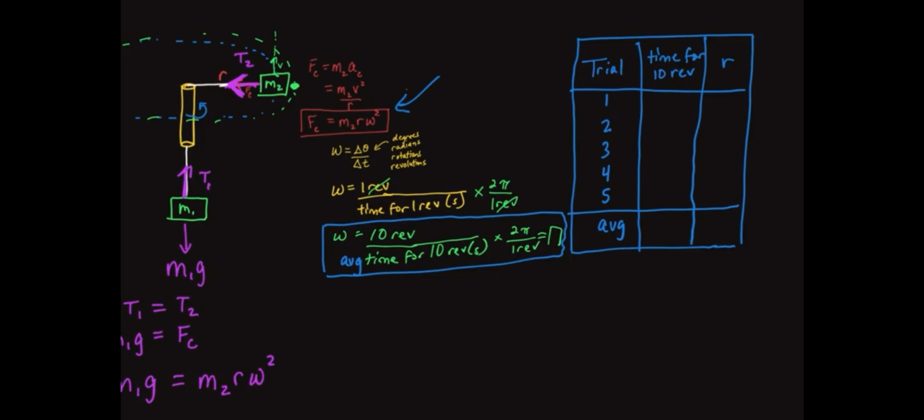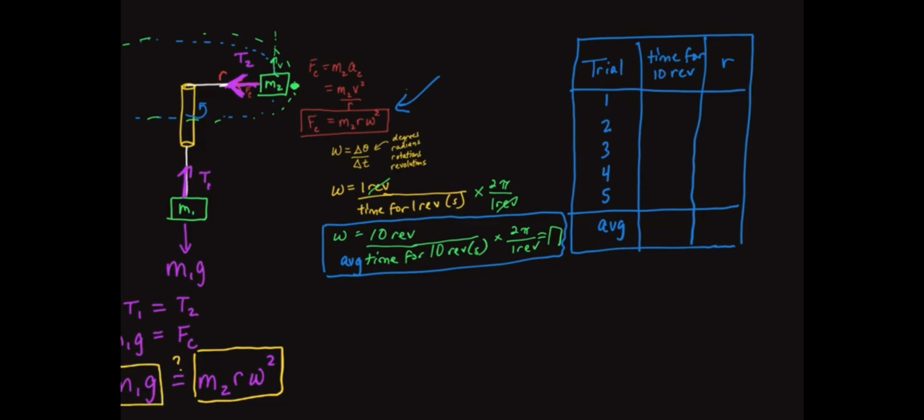And that centripetal force is what we just calculated using M2 times R omega squared. So we want to find out, are these two values equal? Is the centripetal force that we calculated equal to the weight of M1?